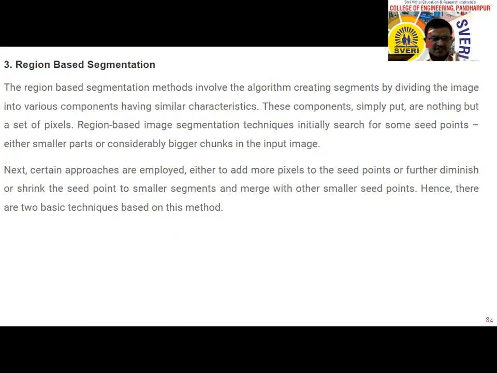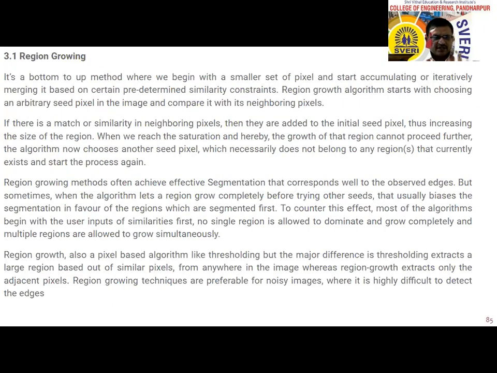Hence, there are two basic techniques based on this method. That is region growing. It is a bottom up method where we begin with a smaller set of pixels and start accumulating or iteratively merging it based on certain predetermined similarity constraints. Region growth algorithm starts with choosing an arbitrary seed pixel in the image and compares it with its neighboring pixels.